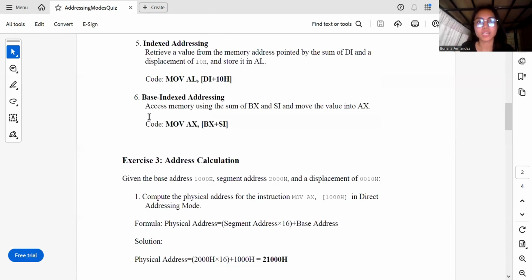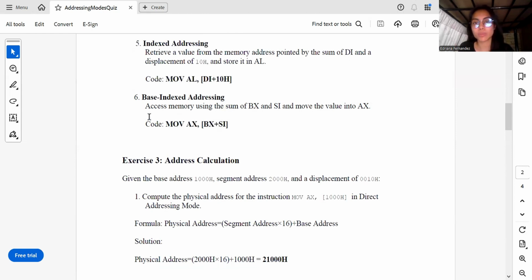Next, we have the index addressing. Retrieve a value from the memory address pointed to by the sum of DI and a displacement of 10H, and store it in the destination, which is the AL. Again, this is our code. Move DI plus 10H to AL.